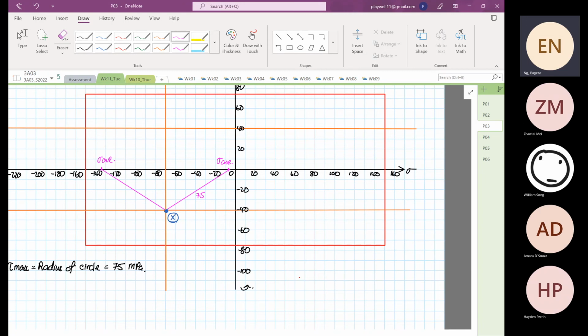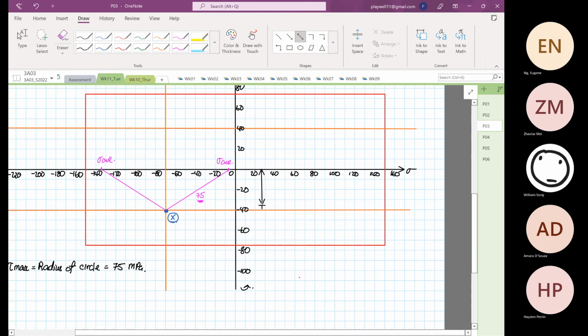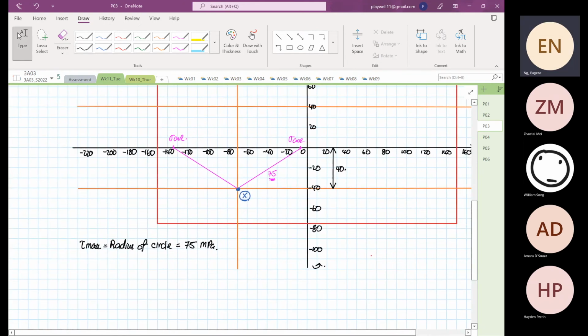And we know that the radius of the circle is what? 75. And we are aware that the distance from here to here is equal to 40. So very simple math. We are going to calculate our stress average 1 and 2.